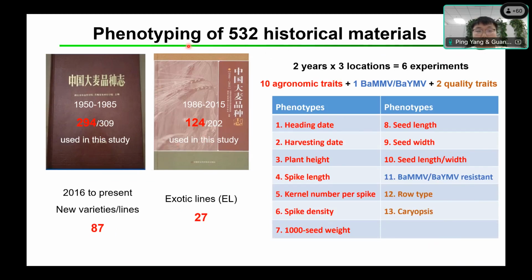And the second book records 202 samples from 1986 to 2015, with 124 materials used in our study.